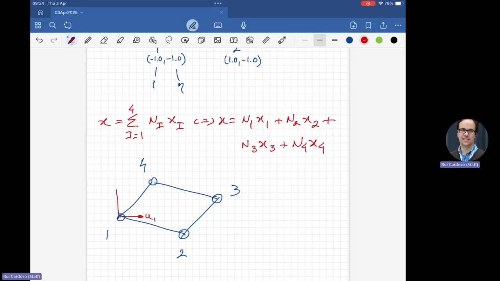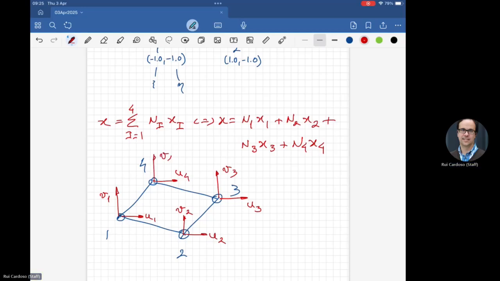So u1 is the displacement in the x direction of node 1, v1 in the y direction, then u2, v2, u3, v3, u4, v4.